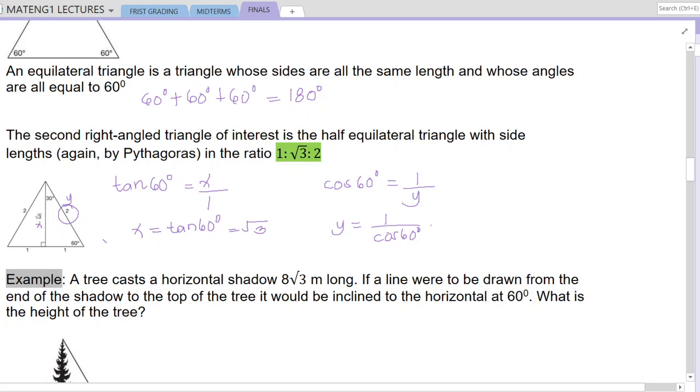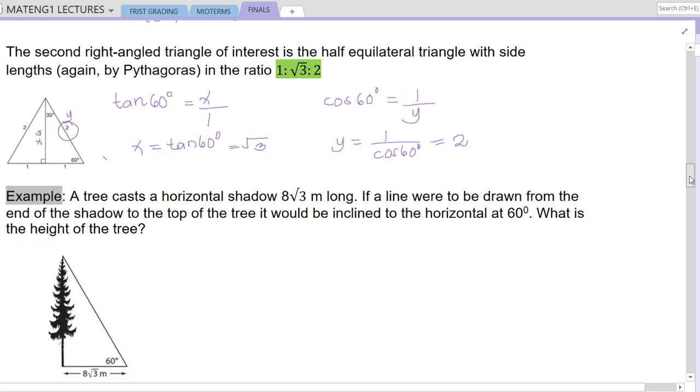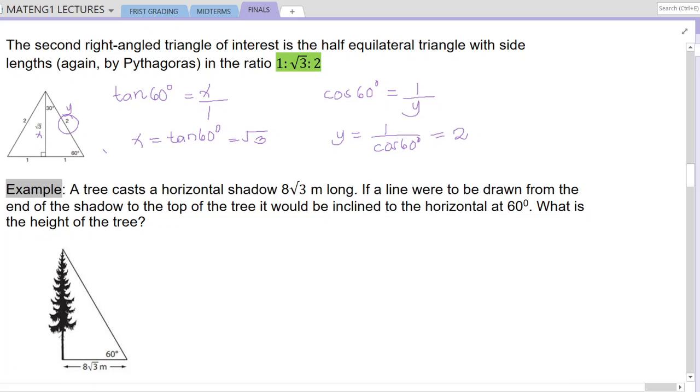The hypotenuse is equal to 2 units. So we have already got the measurements of the sides, so that's satisfied already.